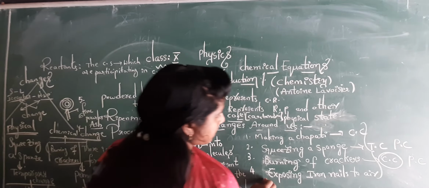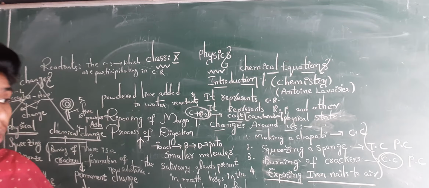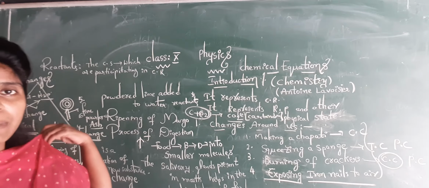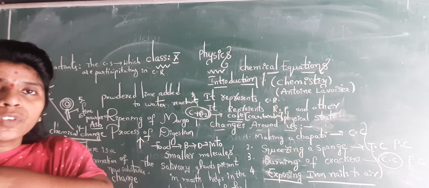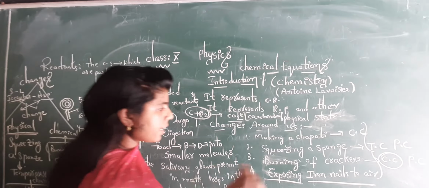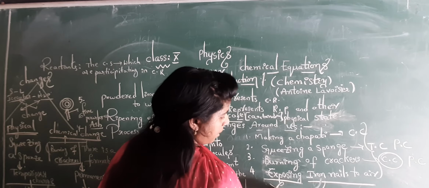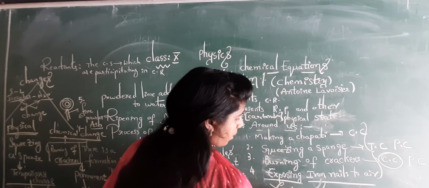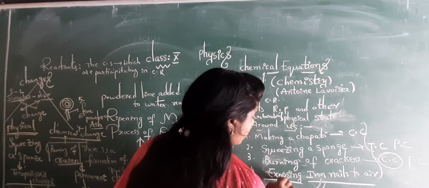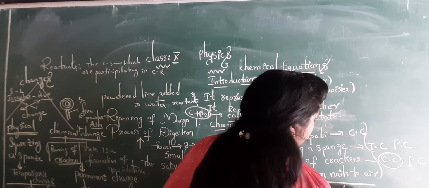Next one is exposing iron nails to air. If we expose iron nails to sunlight or air for a long duration, what happens? The color of the iron nails fades. It loses its original color and turns brown.